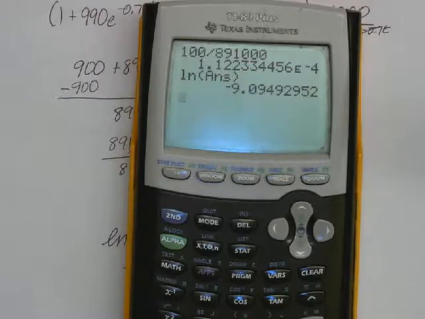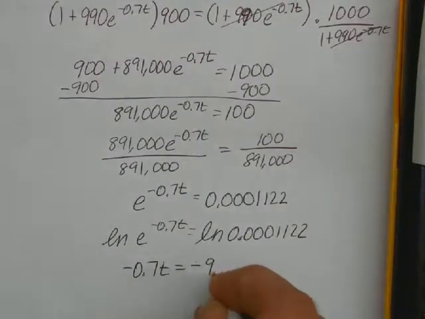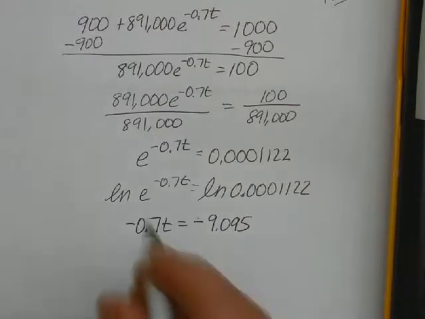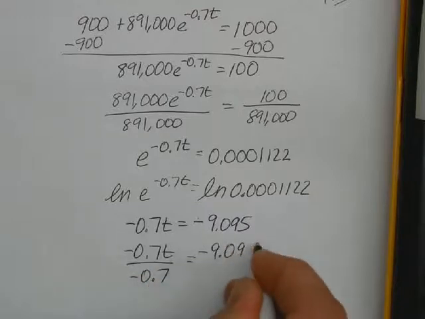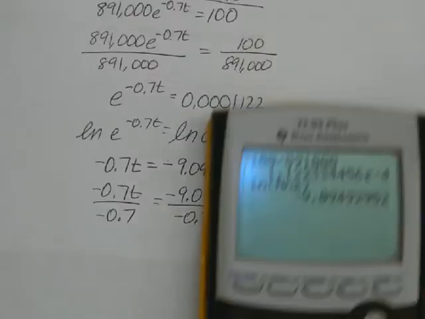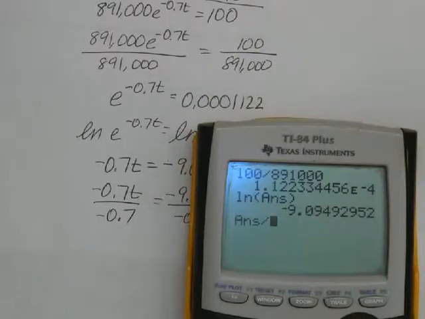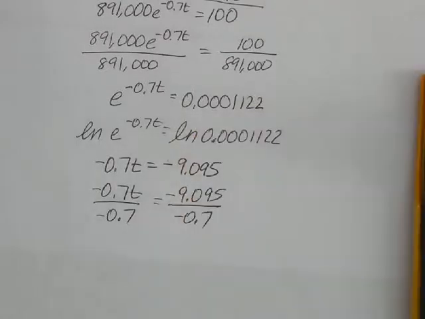And so that's the natural log of 0.0001122, etc. So then to solve for t, we divide both sides by negative 0.7. And we get about 12.99 or 13 days.